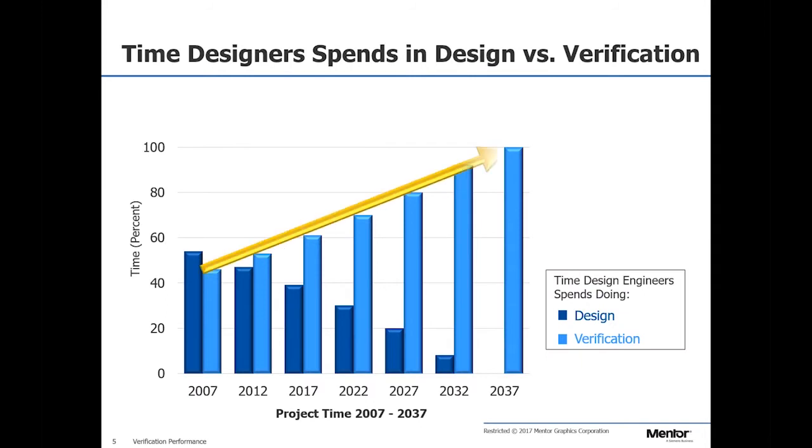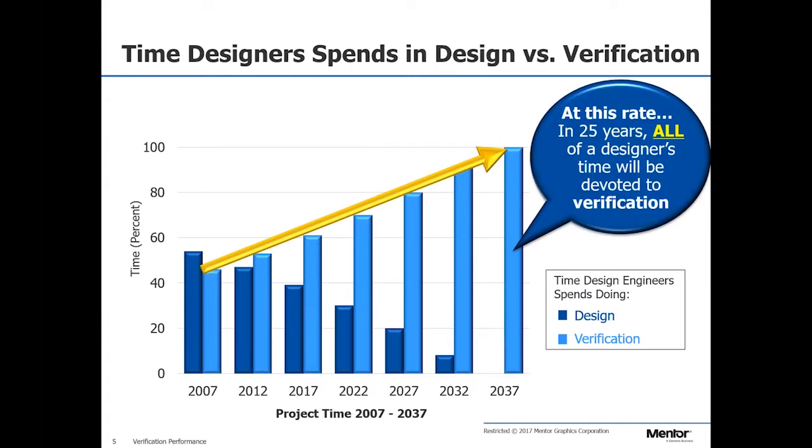And if we got silly and just projected the trends that we're seeing, by 2037, you're going to spend all of your time doing verification and none of your time designing. But that trend is probably somewhat true.